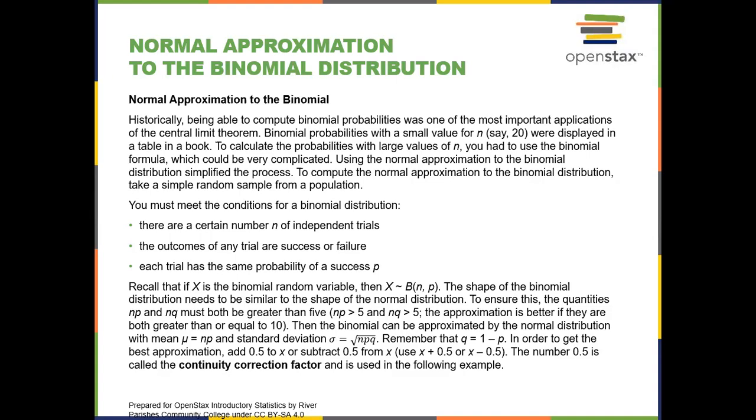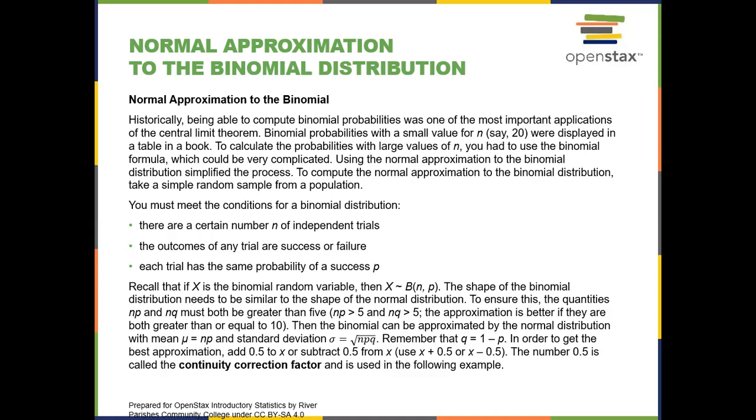The outcomes in any trial are success or failure. Each trial has the same probability of success p. Recall that if X is a binomial random variable, then X is B(n, p), where p is the probability of success. n is not the sample size, n is the number of trials you're going through.